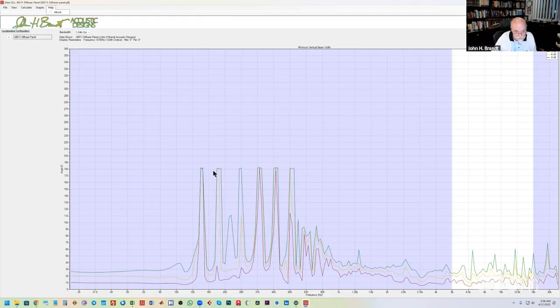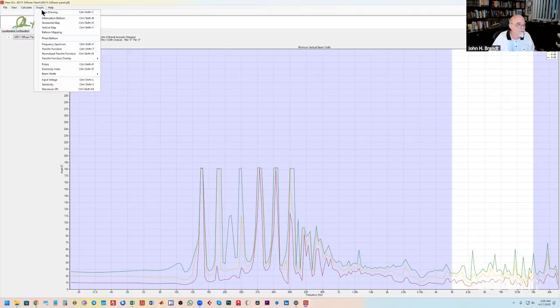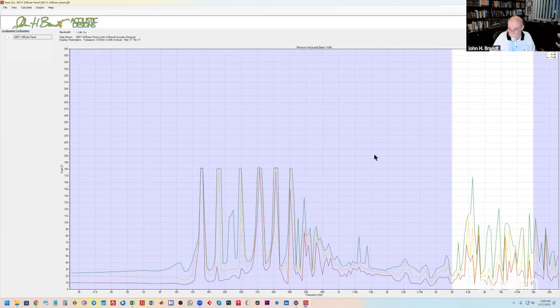These are reflections off of that, the back behind it, okay? So it reflects basically in this region, and if we're looking at the horizontal beam width, here's the diffraction up here. See that? But you're still getting this reflection regardless.